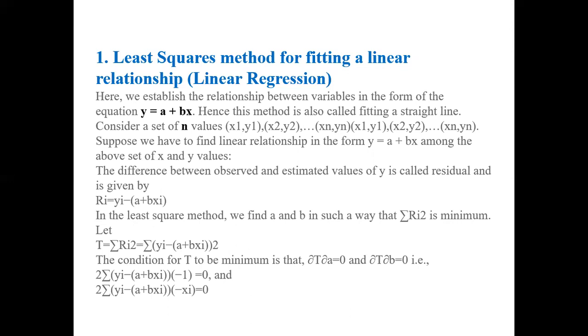Consider a set of n values, that is x1, y1, x2, y2 up to xn, yn. Then we have to find a linear relationship in the form y is equal to a plus bx among the above set of x and y values.